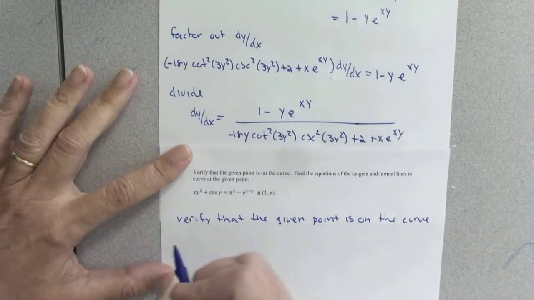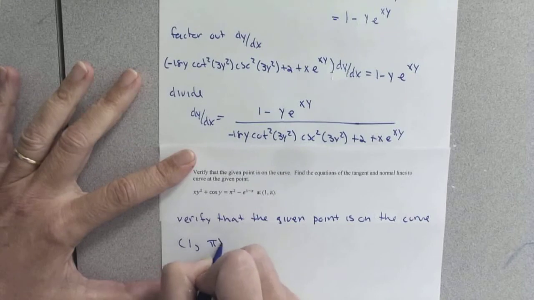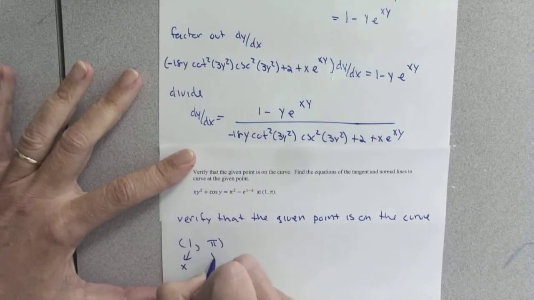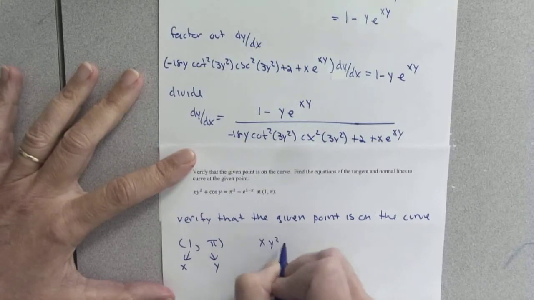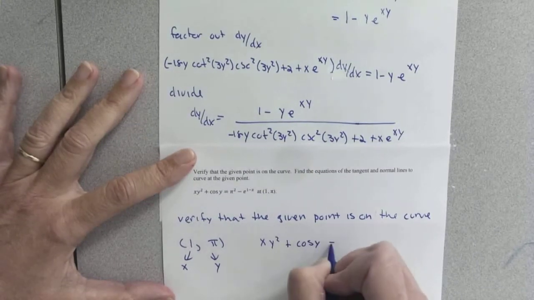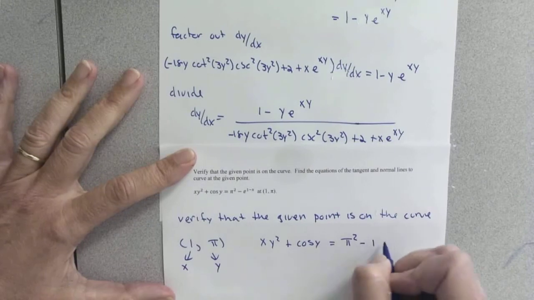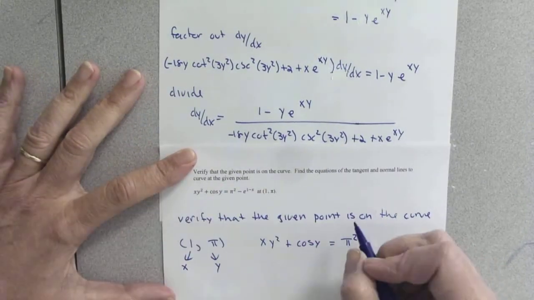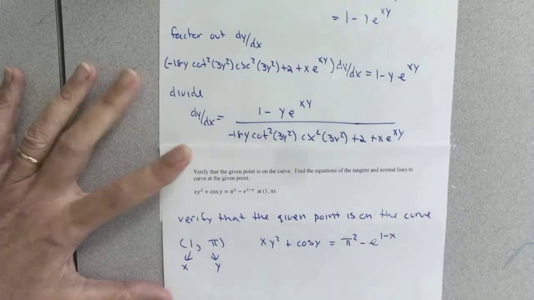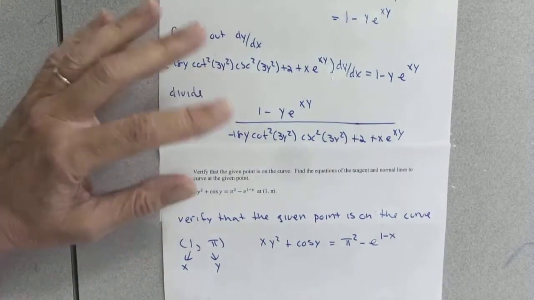So that's really just saying this, that if I have this point (1, pi), that's giving me my x value and my y value. And so I should be able to take my equation and plug in those values and come up with something true.